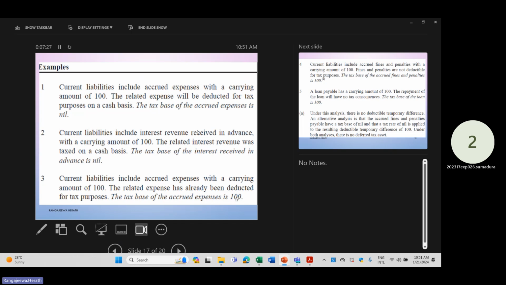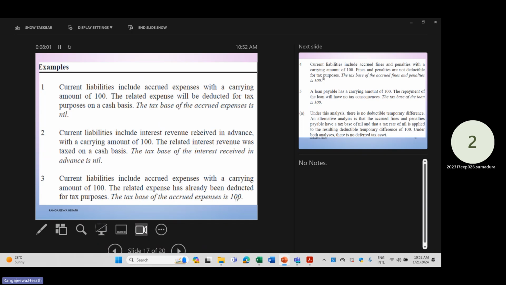You debit expense for accounting purposes and credit accrued expense liability, so the carrying amount is 100. Related expense will be deducted for tax purposes on a cash basis, so you can't debit salary expense for tax purposes and you can't credit accrued expense liability. So then the tax base is 0.